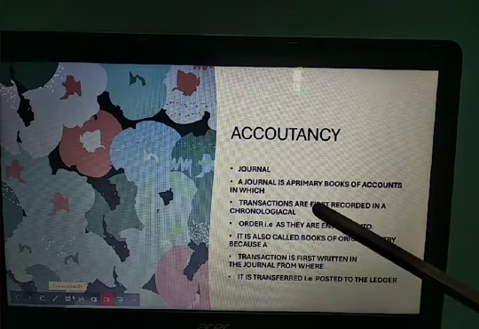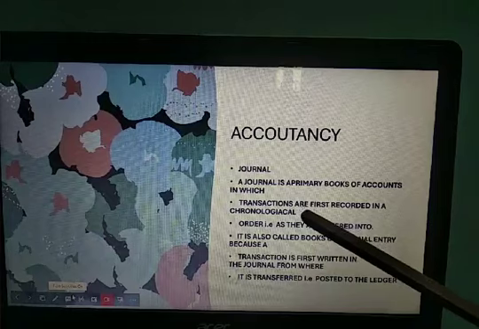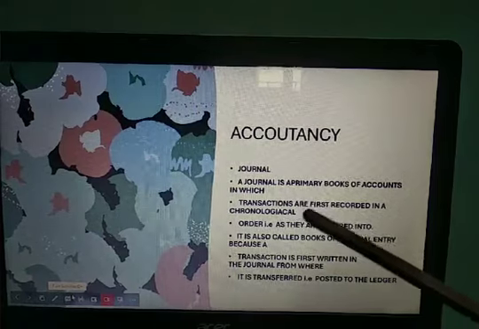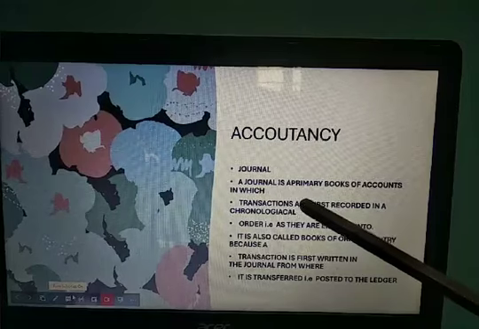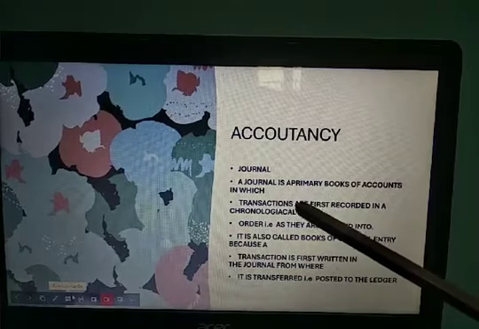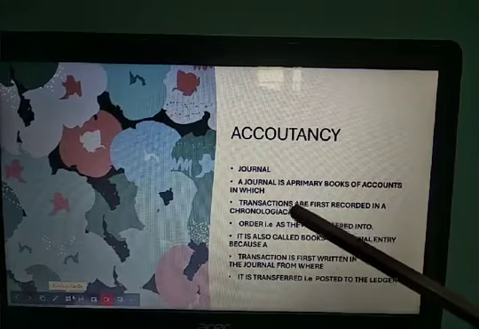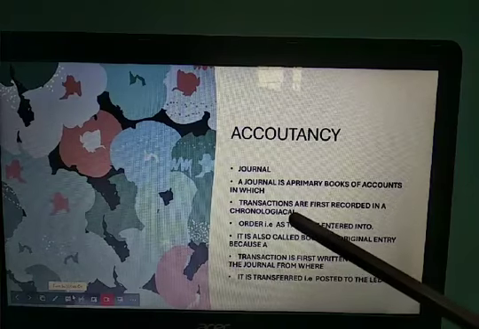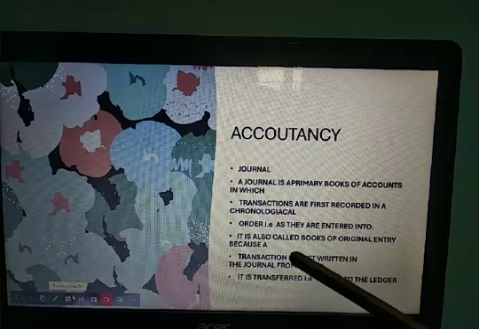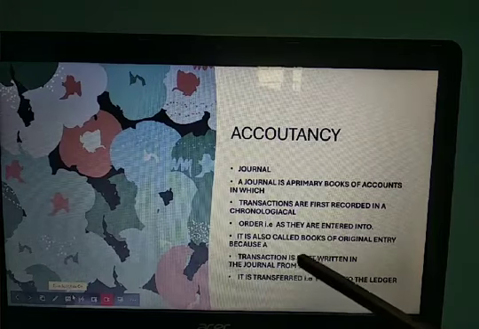Transactions are recorded in a chronological manner. That means it is daily basis and sequence wise. That is, say today is 5th January, next will be 7th January, next will be 8th January. Intermixing should not be there. So you have to enter in chronological order.